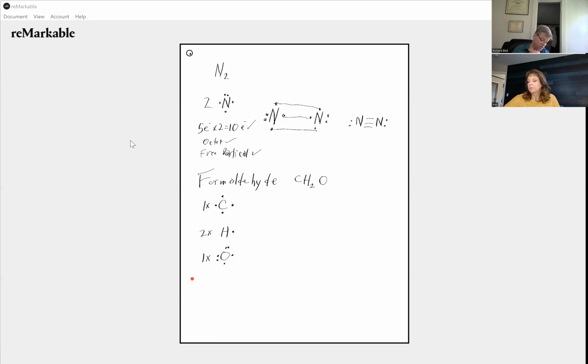Total number of electrons? Well, let's see here. 12. 12 electrons total. Not actually 12 electrons total, but more specifically, 12 valence shell electrons total.